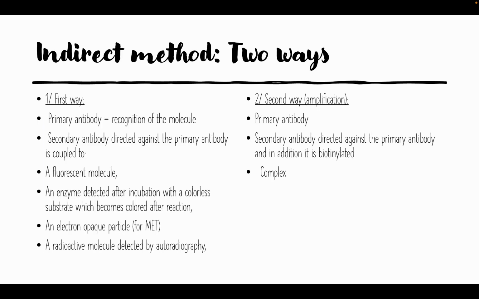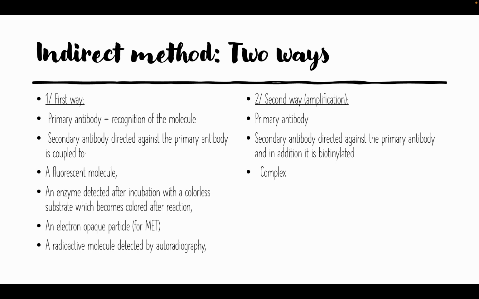In the indirect immunochemistry method, we have two approaches. The first way, think of this as a two-step process. First, we have the primary antibody, which recognizes the molecule we're searching for.